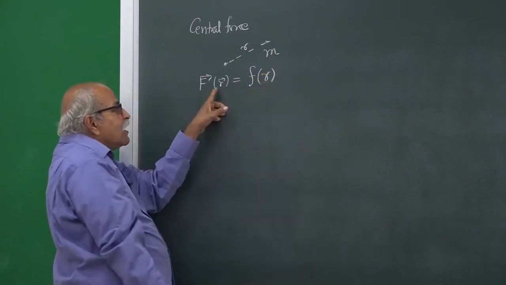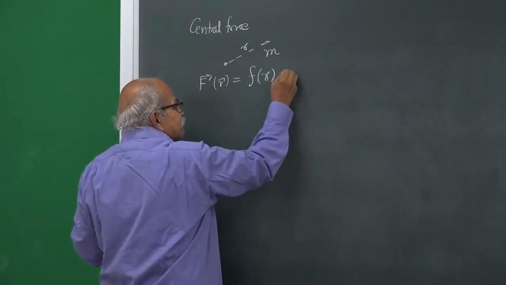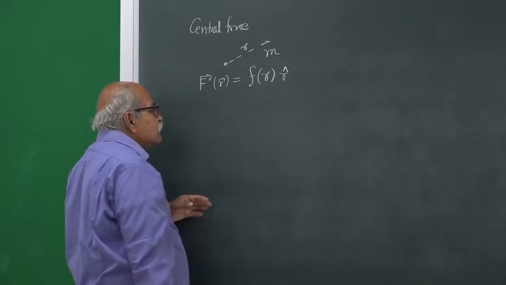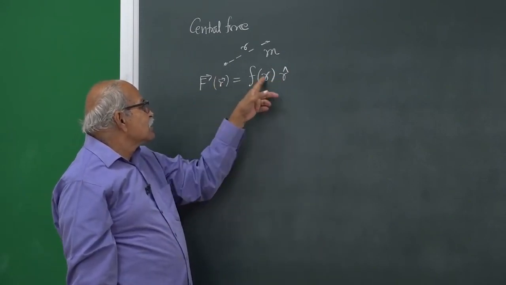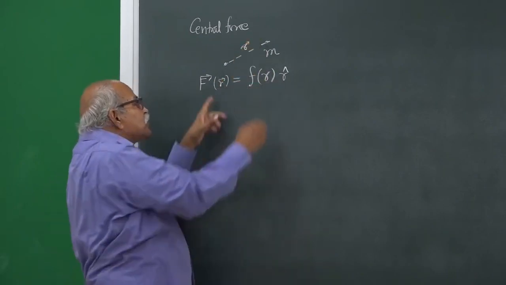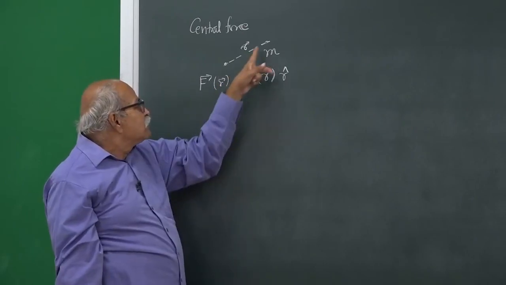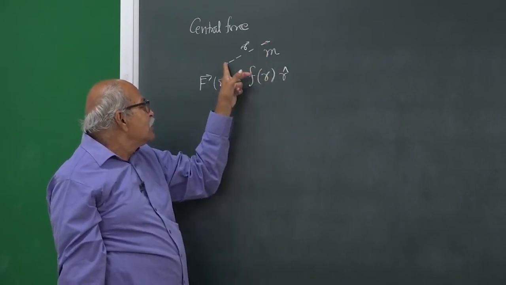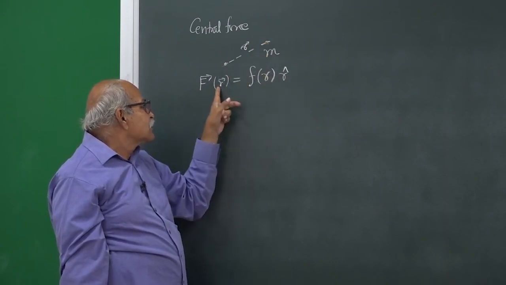Okay? Here R is with vector, here R is without vector, and then R cap. What is R cap? First, let us see what is this R vector and what is this R. R vector is, as usual, position vector of the particle at time t. So, at time t, the particle is somewhere and I join the origin and the particle, and that vector is this R vector.